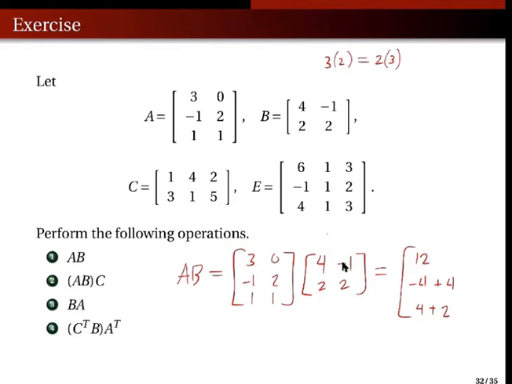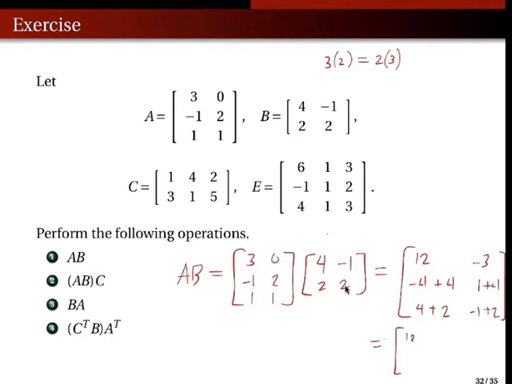So 3 times negative 1, that's negative 3. And then 0 times 2, that's 0. Negative 1 times negative 1, that's 1. 2 times 2, that's 4. Then you have here 1 times negative 1, that's negative 1, and 1 times 2, that's positive 2. And then this matrix is now equal to, so let us simplify.